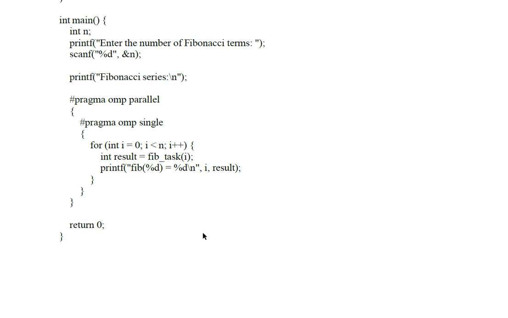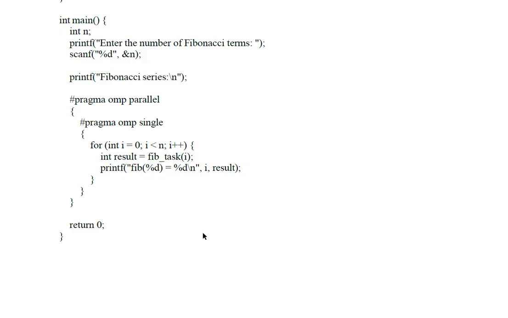Each of those calls can become a task. So different threads can work on different branches of this recursion tree simultaneously. The number of these tasks grows exponentially, so many small tasks create overhead. It is useful mainly for teaching and demonstrating this OpenMP task.